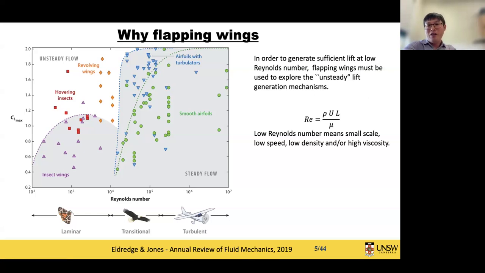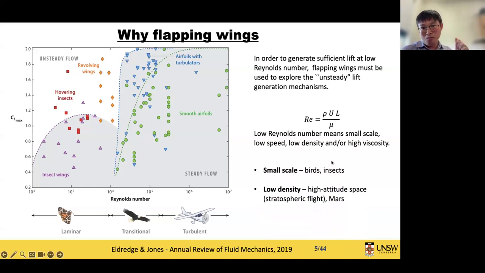Now, in air, viscosity is not that easy to control, and what we can control is the velocity, the scale, and sometimes the density as well. Therefore, for small scales, for example birds and insects, these are definitely low Reynolds number cases.